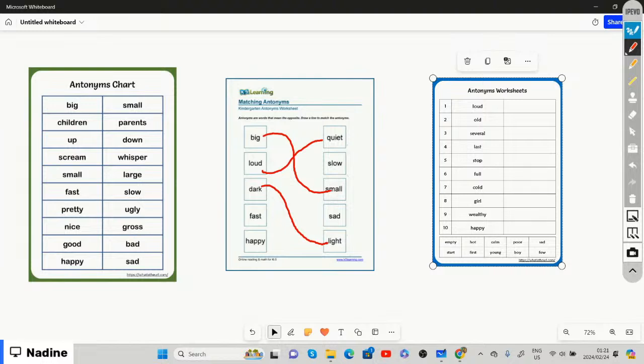Fast. What is the opposite of fast, and what is the opposite of happy? So fast. What is the opposite of fast? All right.